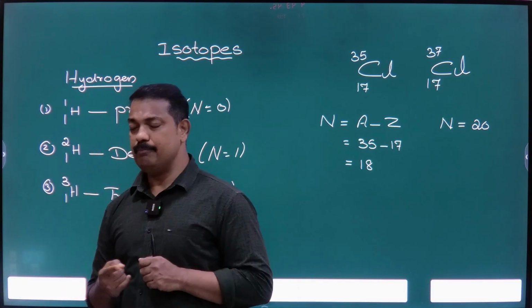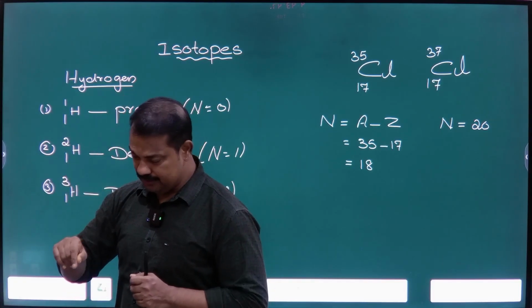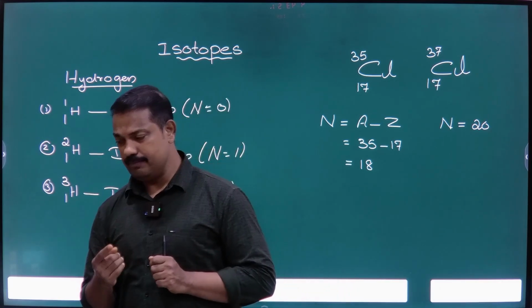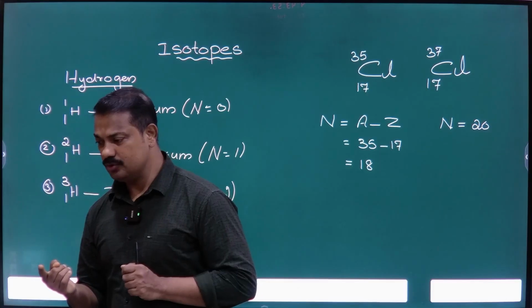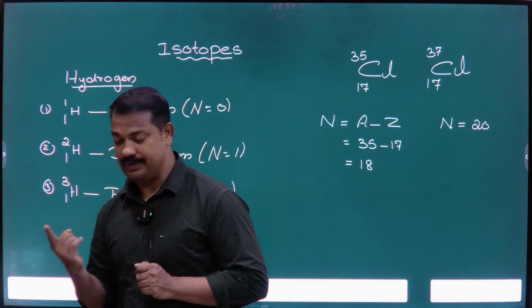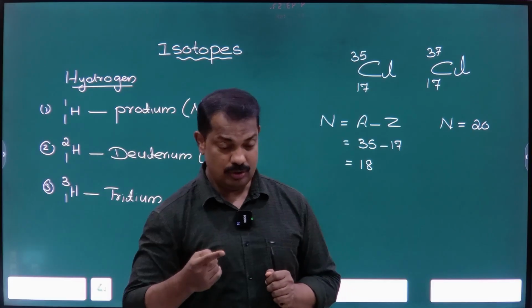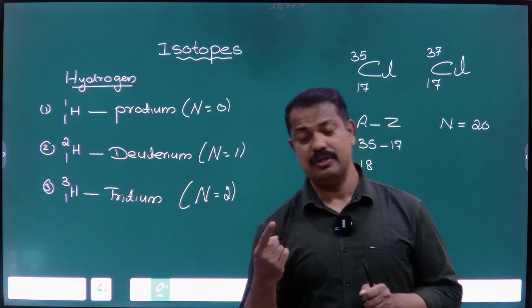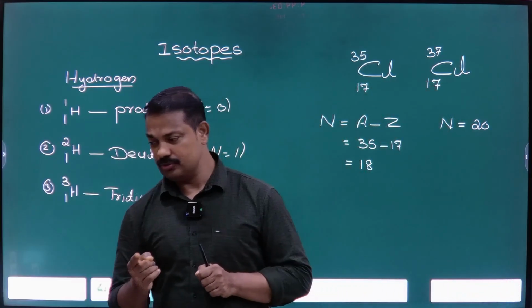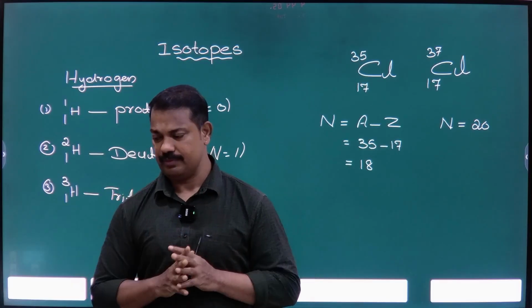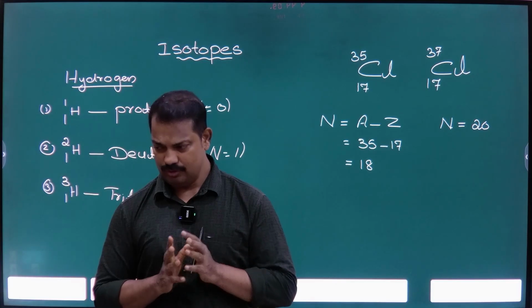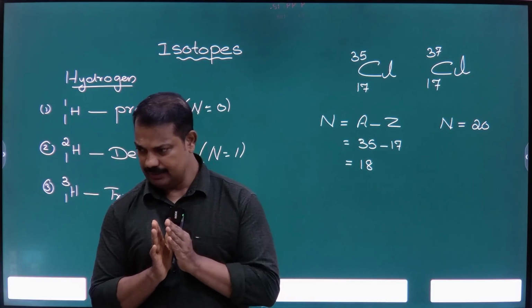Because of the different number of neutrons in the nucleus, the mass numbers of the isotopes of the element are also different. Clear? Any doubt?